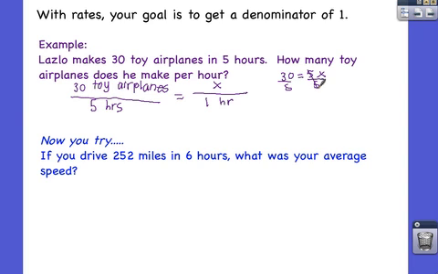Divide by 5, and we get that x equals 6. But we want to know how many toy airplanes does he make per hour. So we're going to write this as a rate that Lazlo makes 6 toy airplanes per hour.